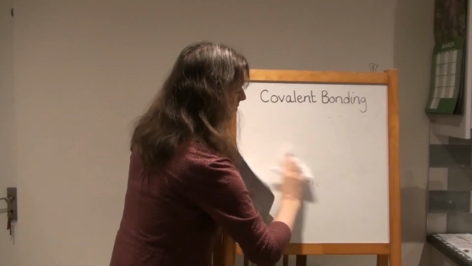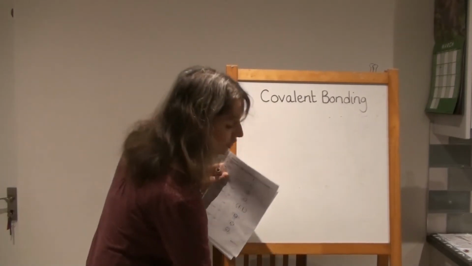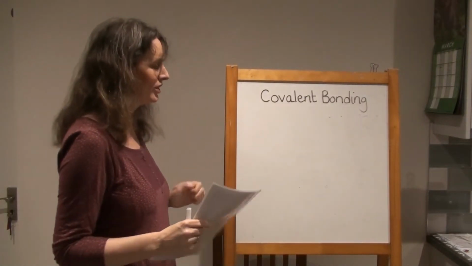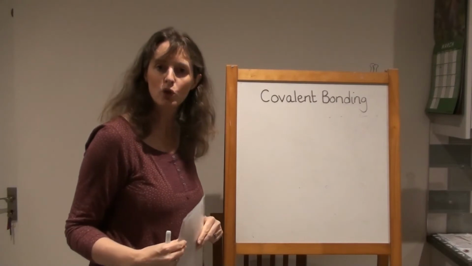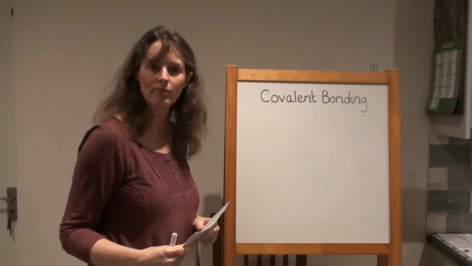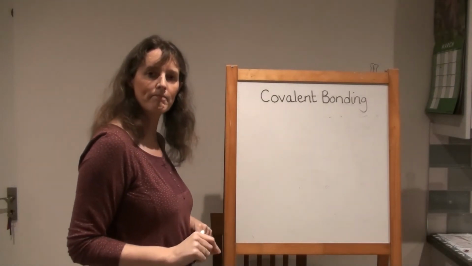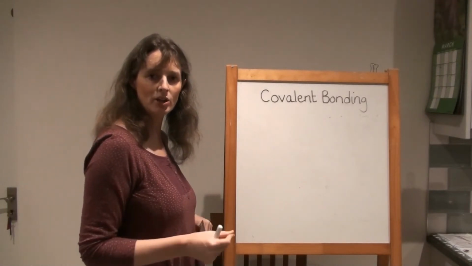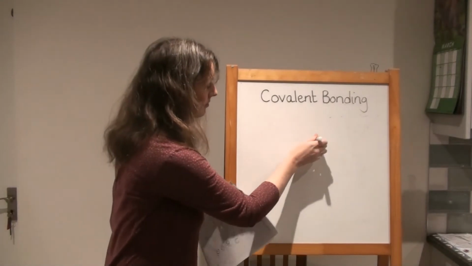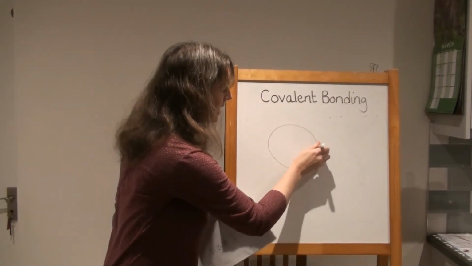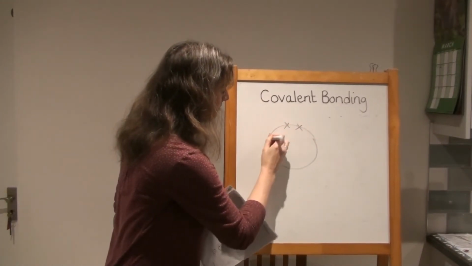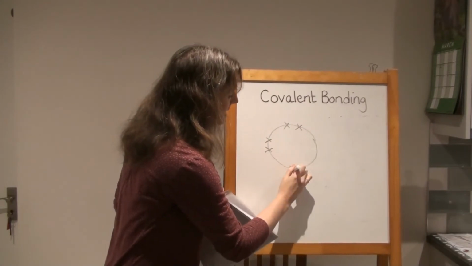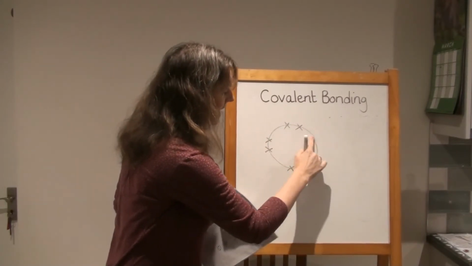Our next example on the sheet, should you not have a sheet, the next example to try is chlorine, which is Cl2. So chlorine has how many electrons in its outer shell? The answer, of course, is 7. So chlorine has 7 electrons in its outer shell, and therefore it has to get 1 more.